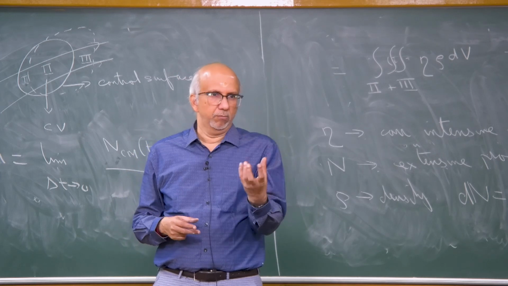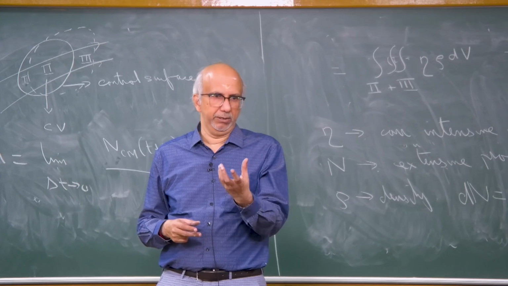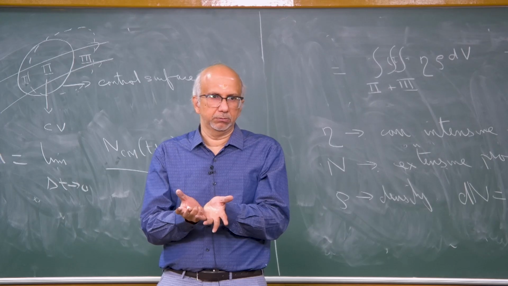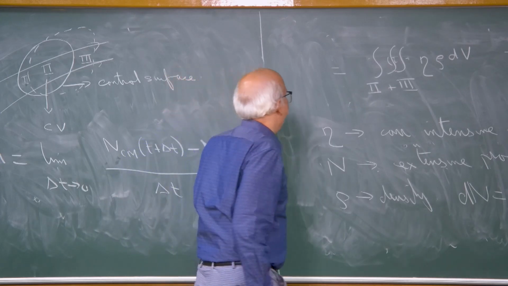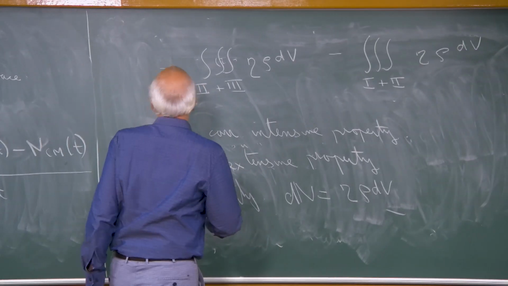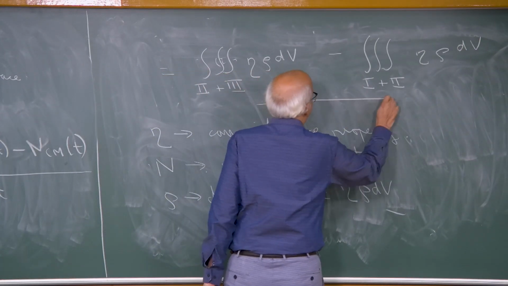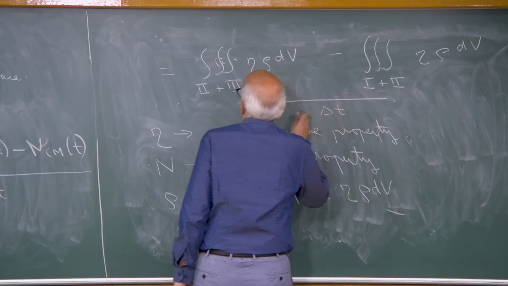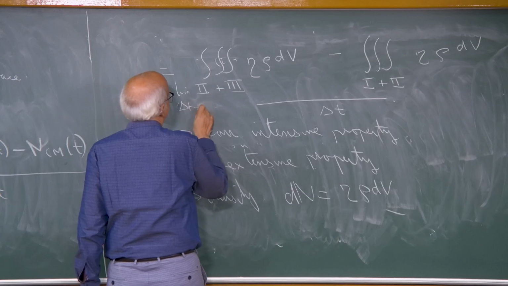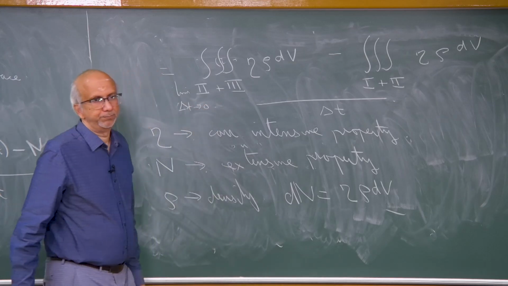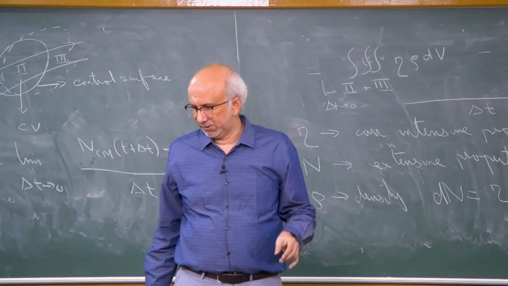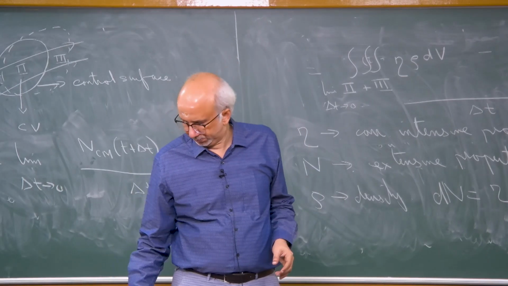Eta is velocity multiplied by the mass in that, rho dV is the mass. That is what I have done. I have just shifted from this thing, and then I need to put some divide by delta t, no? I forgot the divide by delta t and look at the limit of delta t tending to 0. We will continue this in the next class, and that will basically tell you what is this Reynolds transport theorem. Thank you.